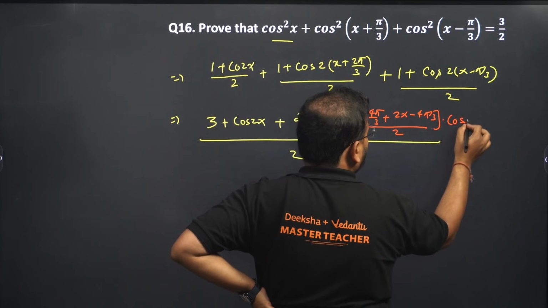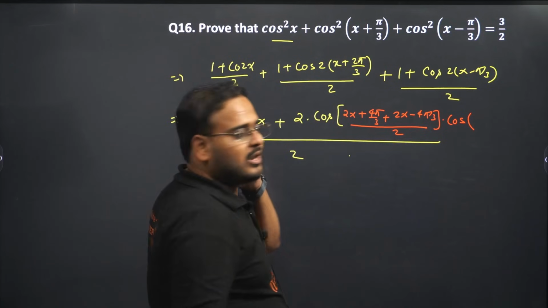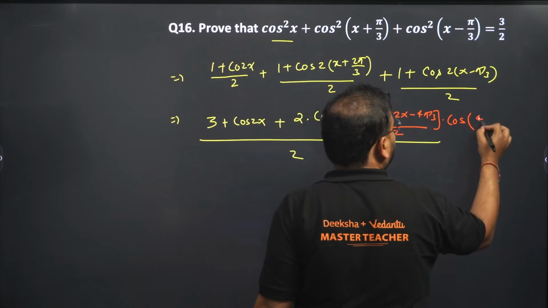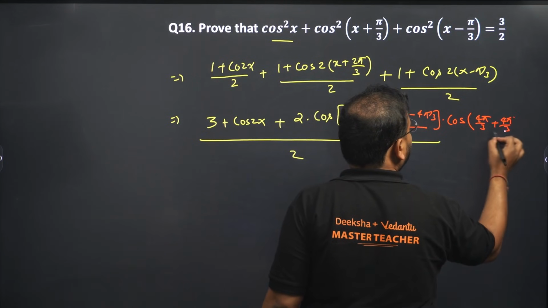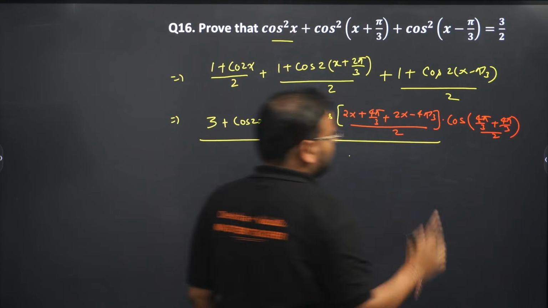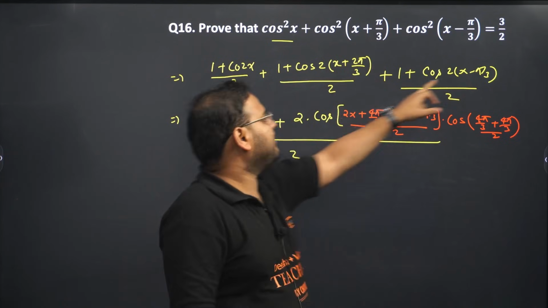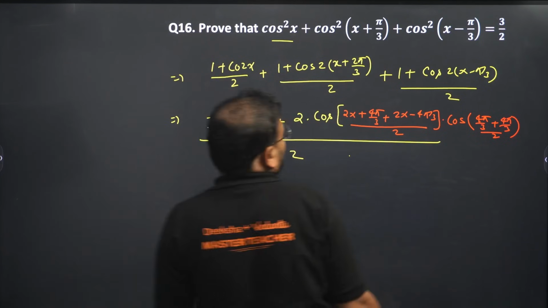What will happen if I take the difference? 2x and 2x will be cancelled, and you get 4 pi by 3 plus 4 pi by 3, divided by 2.